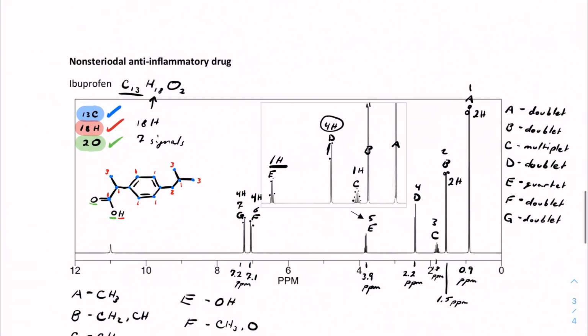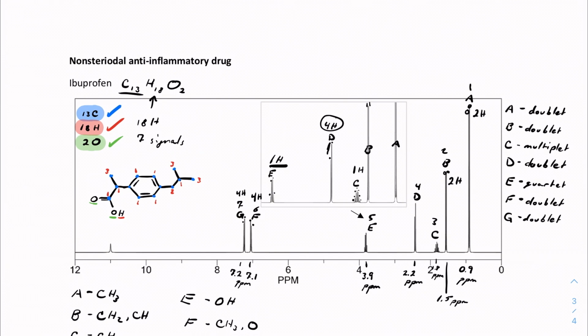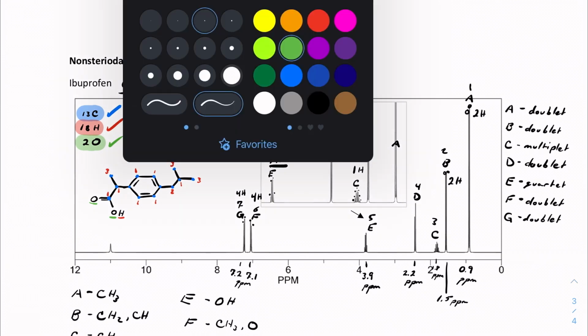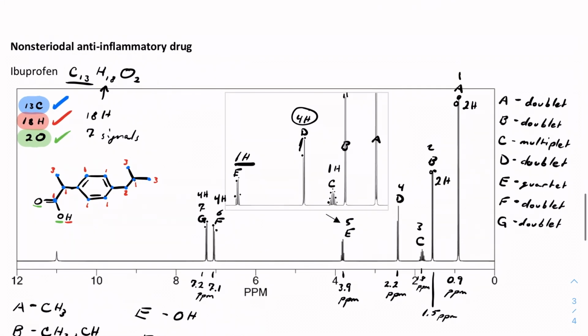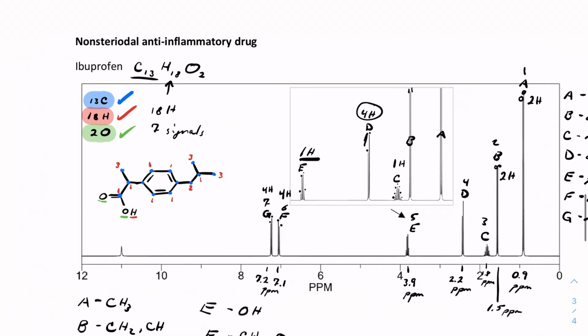So, going through this whole proton NMR spectrum and understanding where things are coming from, both in terms of a carbon NMR, which you would normally see along with this, as well as this proton NMR, you can see the number of hydrogens you're dealing with, the number of carbons you're dealing with in the carbon NMR, and the number of other molecules you're dealing with based on the position and spin, like the number of peaks, the position, and the height. And they all play into how you can determine what your structure is.